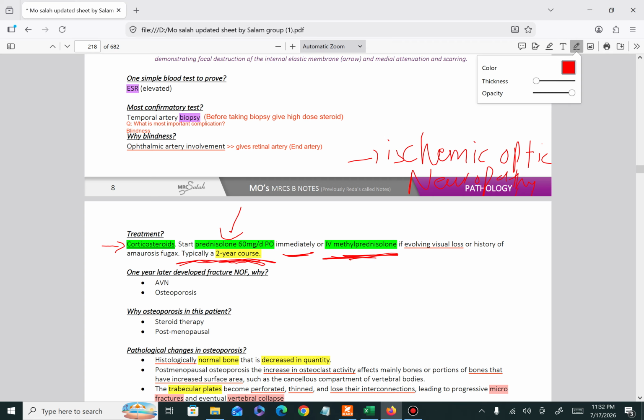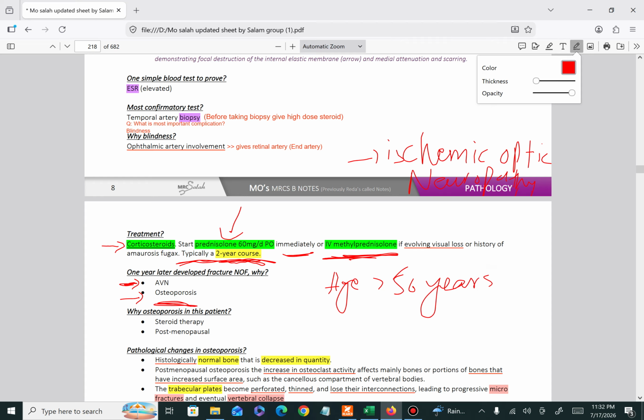Okay, 1 year later the patient develops a fracture neck of femur. Why? It can be due to avascular necrosis and osteoporosis. Okay, as it mostly involves females at the age of more than 50 years, in old age osteoporosis is very common.